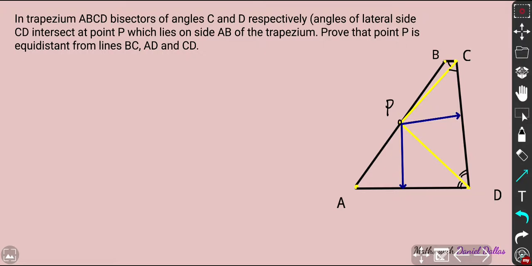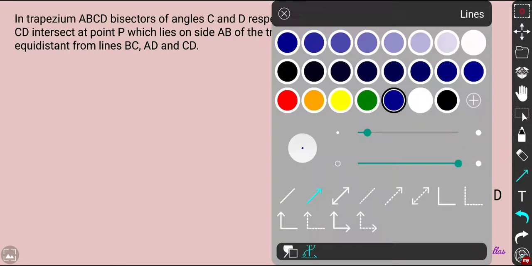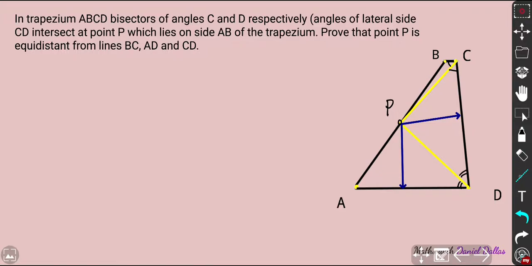And also, if I prolong the line BC, maybe changing the color, so let's prolong BC in this way. It's not necessary to put the perpendicular exactly to the segment BC. It can be to the extension of BC. It's going to be the same distance. So if you put the third distance to the line BC, all distances will be the same.